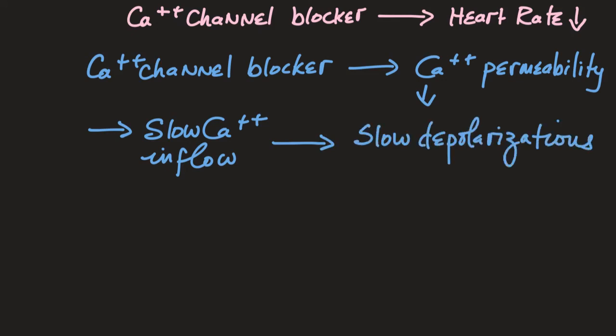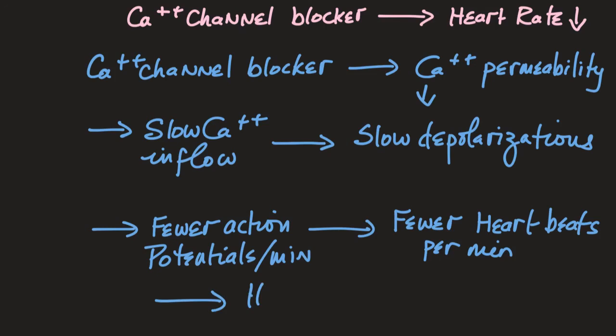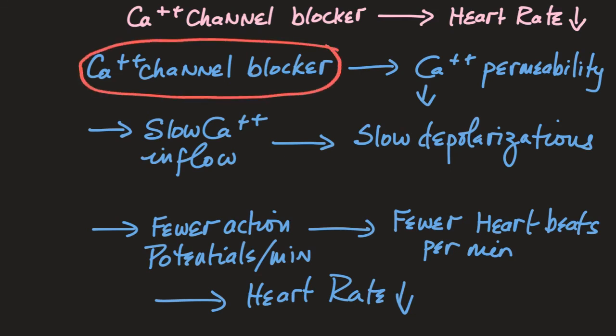When the depolarizations are slow, we have fewer action potentials per minute. Fewer action potentials means fewer heartbeats. So we will have fewer heartbeats per minute, resulting in a lowered heart rate. Now this is beneficial because the heart rate is going back to normal. So there we have it, a calcium channel blocker resulting in lowered heart rate.